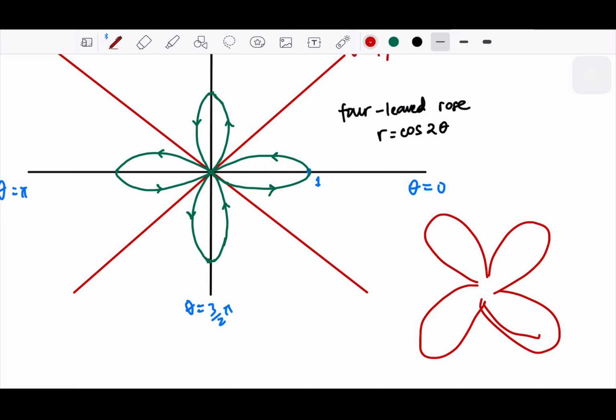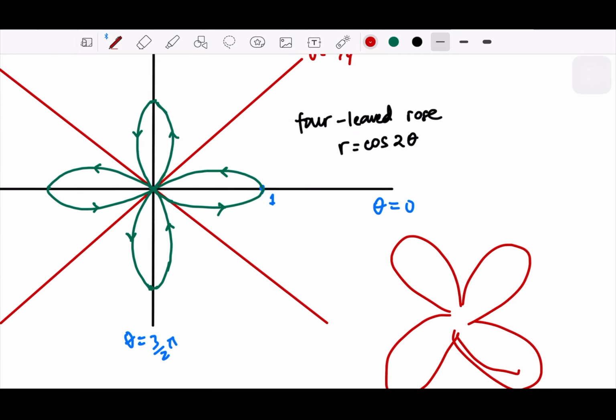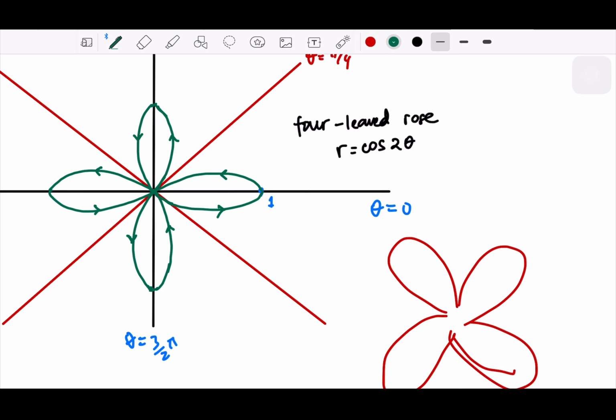And if you check the pattern, this is when you have an even number of petals. Like if this is cos 2 theta, if you have cos 4 theta, it will be an 8-leaf rose. And it will have some patterns.